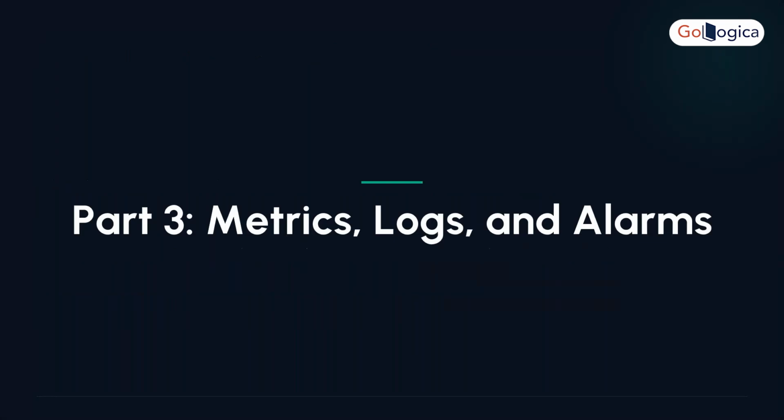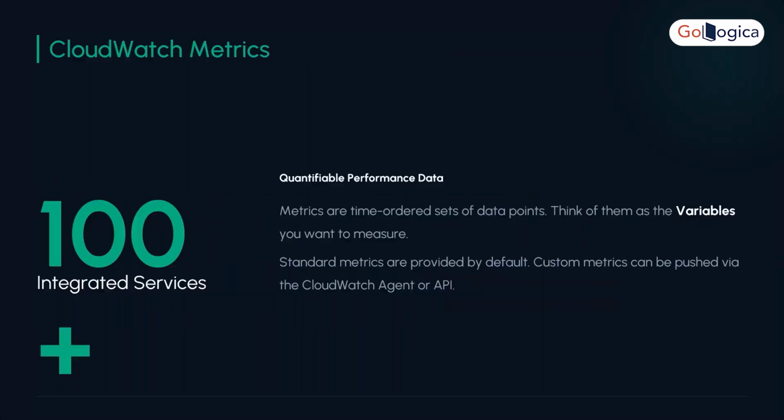So, metrics, logs, and alarms. Let's see what this is. Currently, your CloudWatch metrics: 100 plus integrated services available, quantifiable performance.